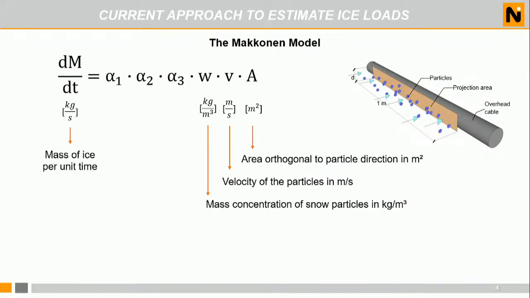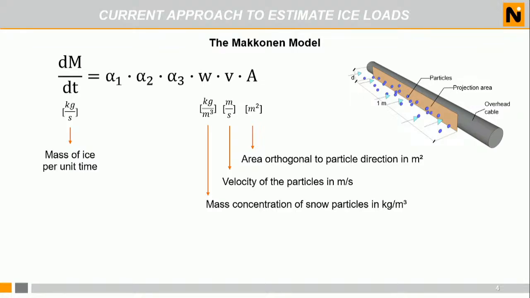There is a very well-known and established approach in the literature to calculate ice loads. This approach was developed by Makkonen. It is able to calculate the mass of accreted ice on a conductor per unit time, so in 1 second or in 1 hour. You have to imagine a flux of snow particles in the air.